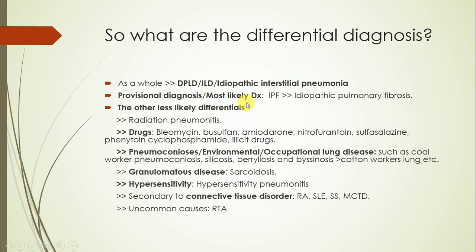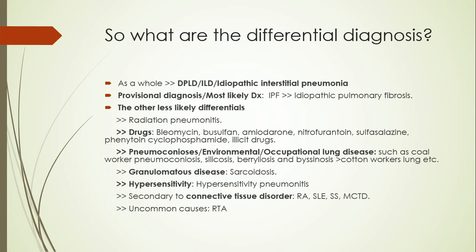And as the patient has multiple features consistent with idiopathic pulmonary fibrosis, this will be our provisional diagnosis or most likely diagnosis. Why? Because whenever there is an interstitial pneumonia which doesn't seem to have any specific cause or reasons, then most likely this is idiopathic.